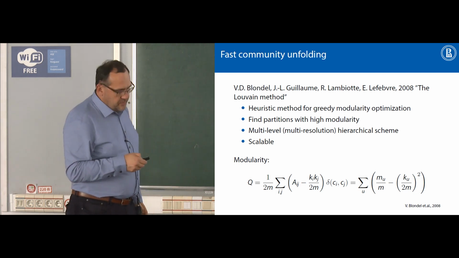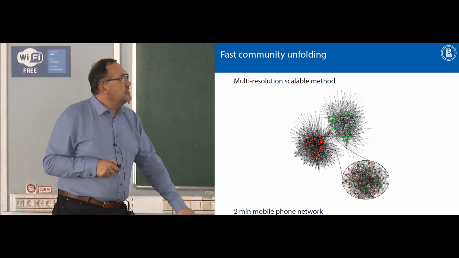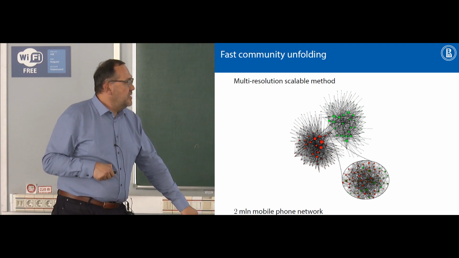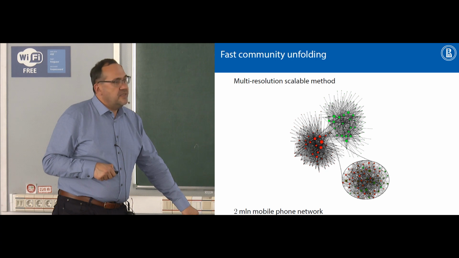So the way it works, and this is an example of how it actually works, is the detection of clusters or communities. It's shown on a 2 million mobile phone network. This is a call graph where every node is a mobile phone number, and every edge is a call. In fact, that's done in some of the European countries.